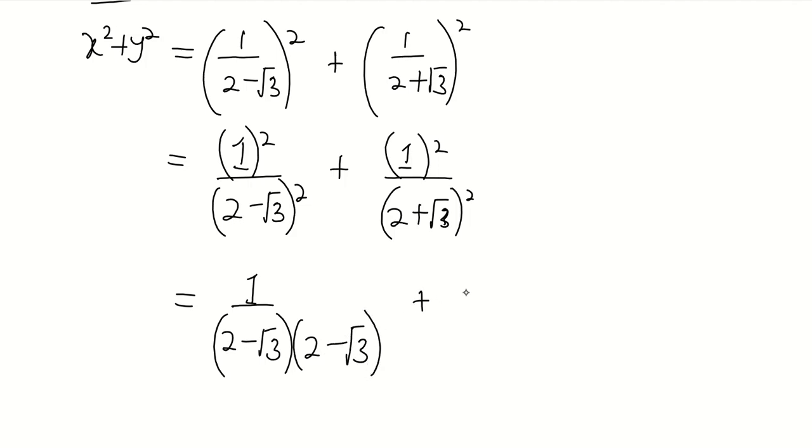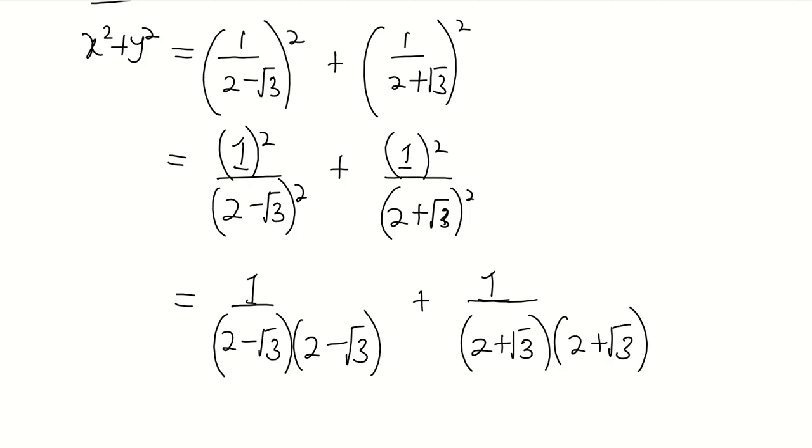And we have plus 1 squared, also known to be 1. And we have here 2 plus square root of 3 all squared, which means we are going to multiply 2 plus square root of 3 by itself, 2 plus square root of 3.